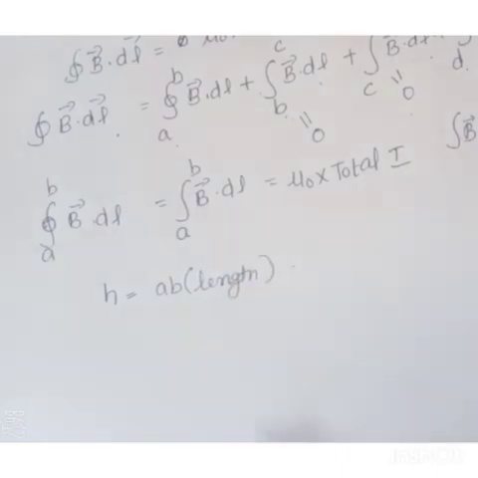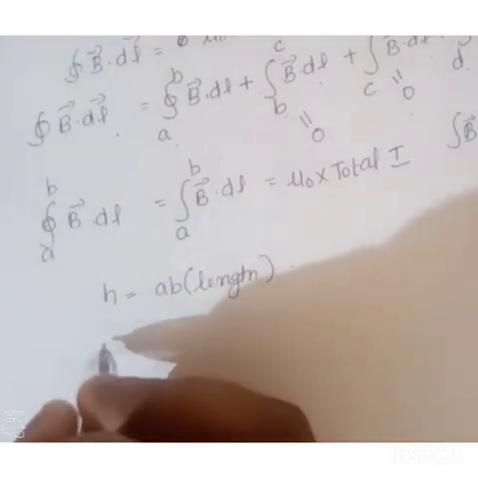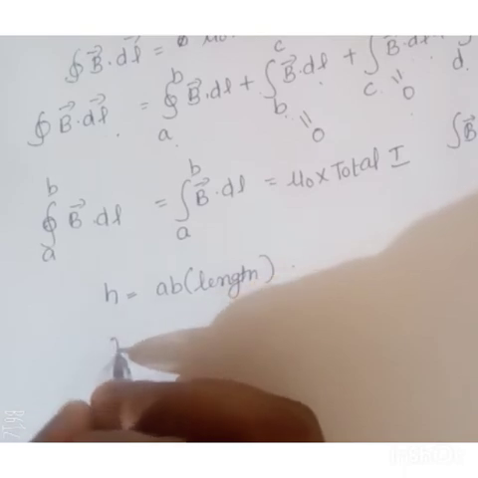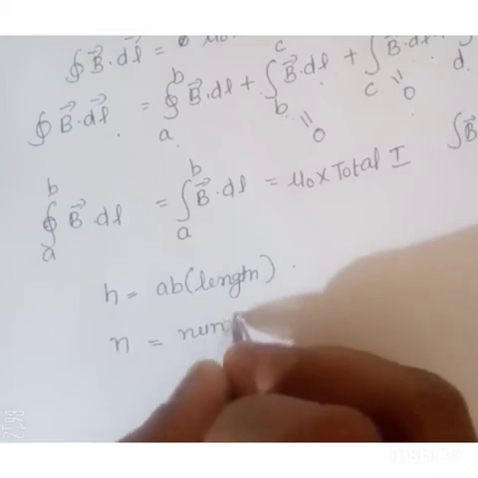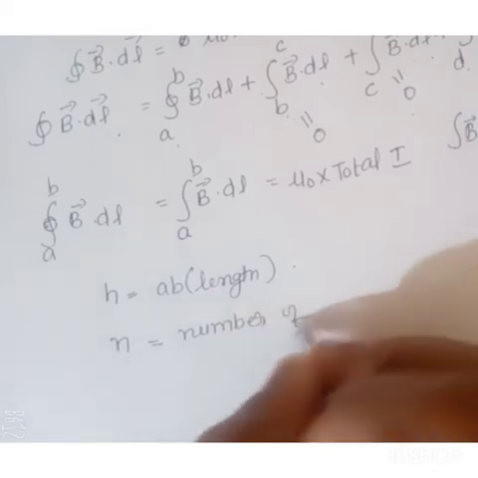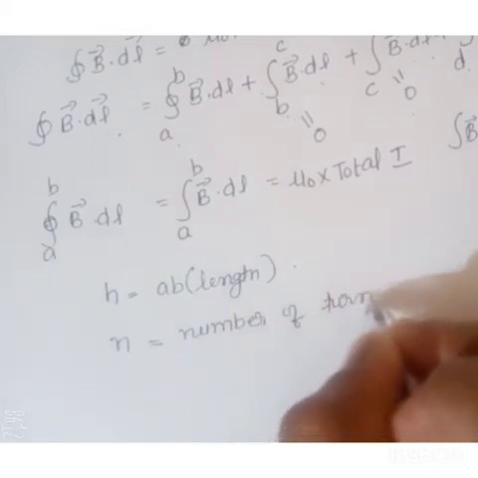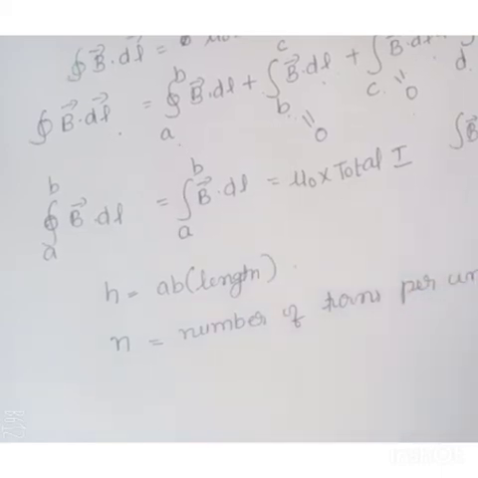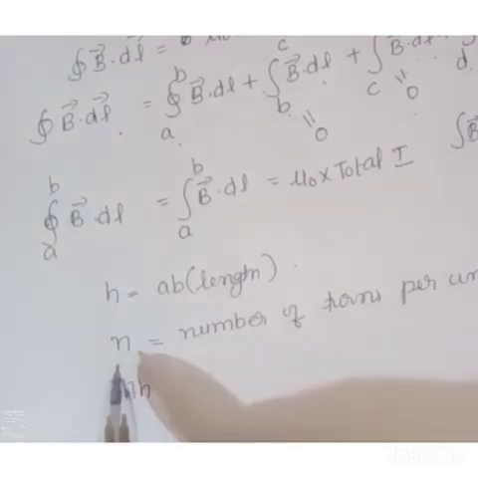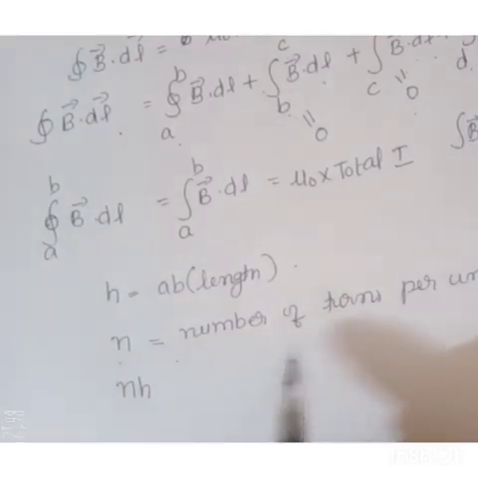Then let the number of turns per unit length of the solenoid be n. So what is n? n is the number of turns per unit length of the solenoid.